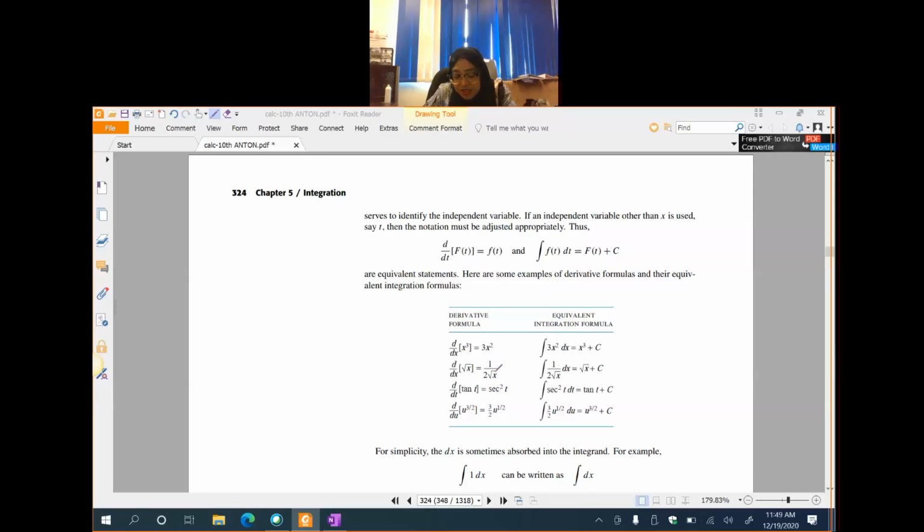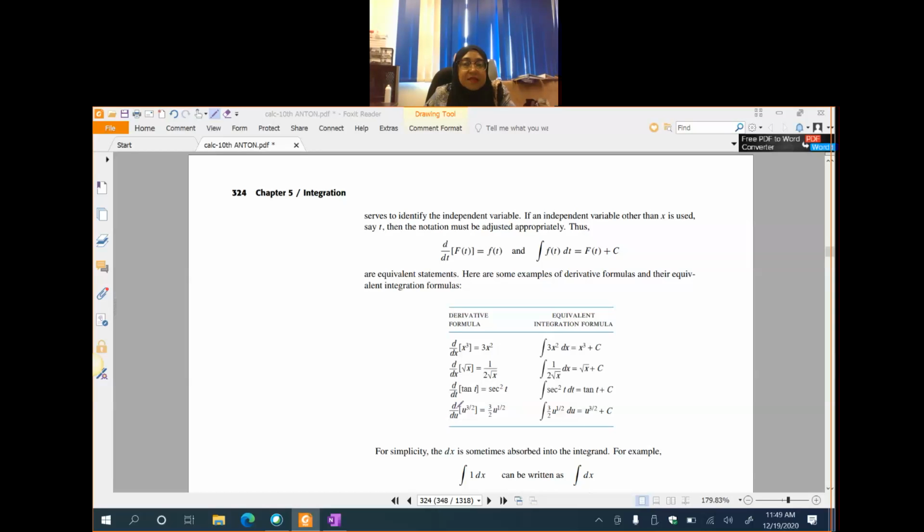So that is what I taught you before. But in these integration parts, when we study integrations, you still have to remember what the integration of secant squared t is.